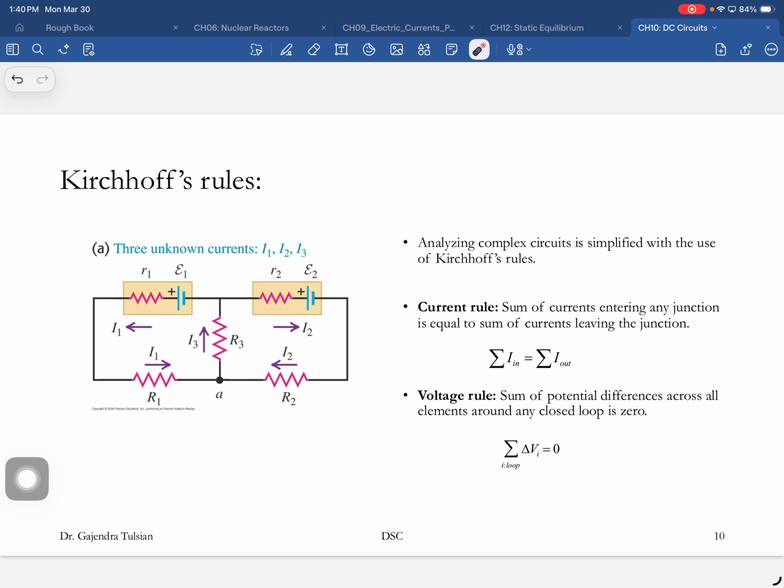The current rule, the junction rule. That's the easiest to apply. Once you've applied that, you count how many more equations you need, and you find that many loops. And as you saw, topologically, you'll always be able to find enough loops.